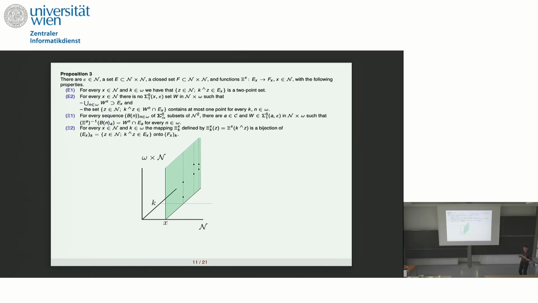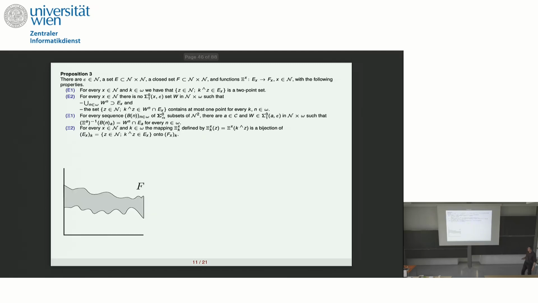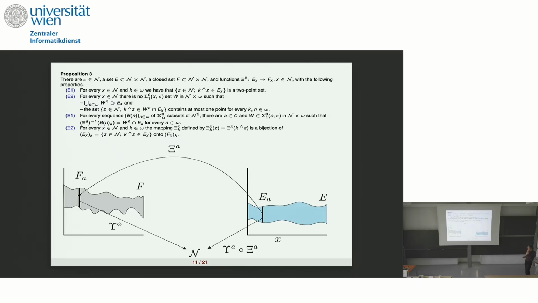So you can see that finally we obtain some set satisfying this condition on 2-point sections. Okay, and we have also a set F, and we have the picture like this.